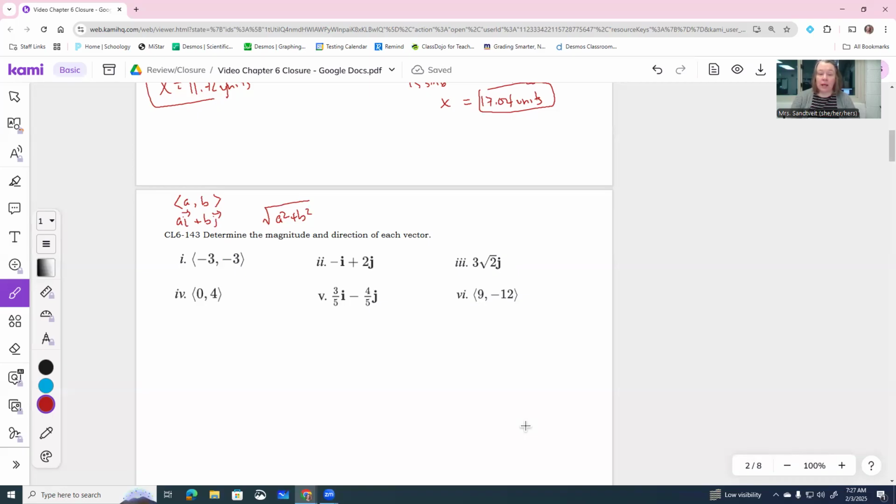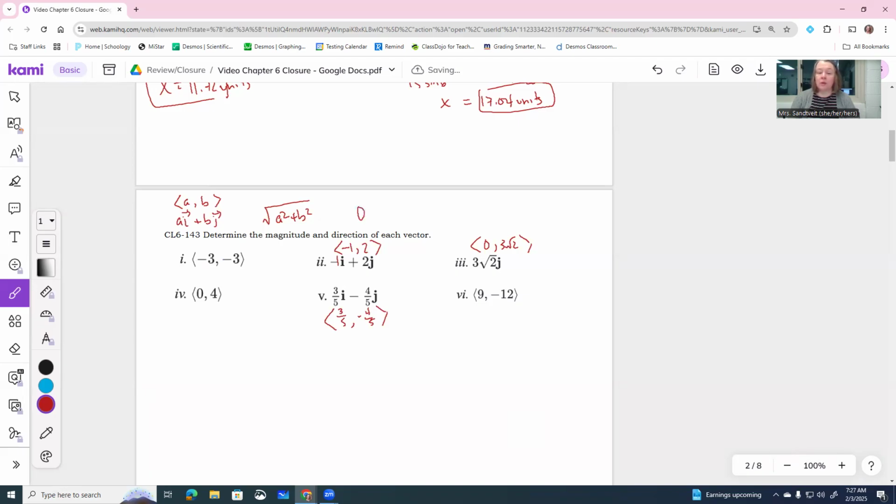So if you're noticing that and kind of getting a little bit nervous, you can just rewrite it in the ab form. So this is the same as having like the a being -1, comma 2. Here there's no i, so it must have been that the a was 0 and then 3 root 2. Here, this is the same as having 3/5 comma -4/5, right? So when you see that, if it's making you nervous, just put it in regular old component.